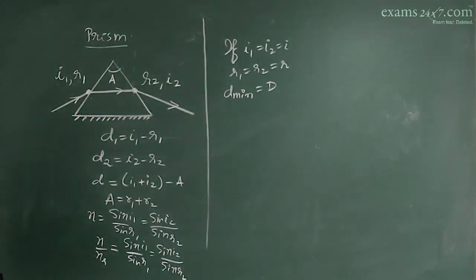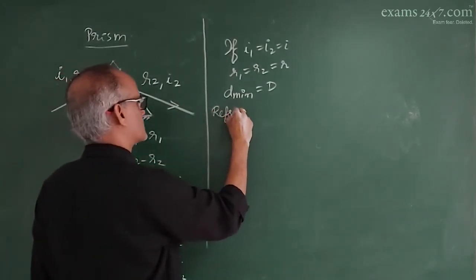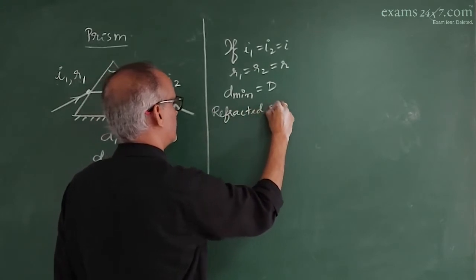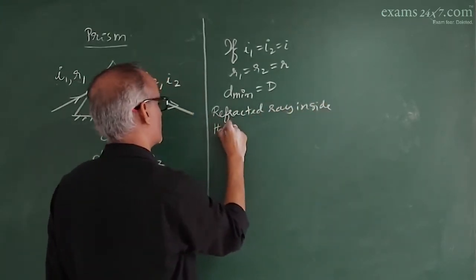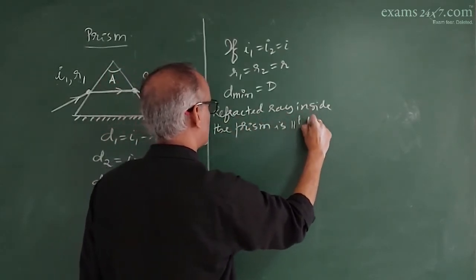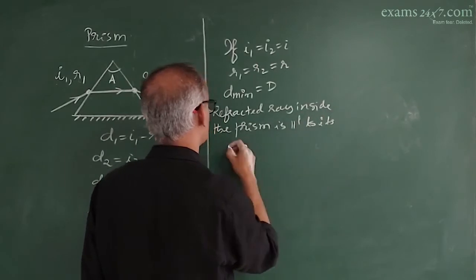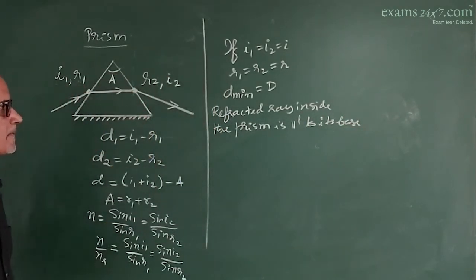And when the angle of deviation is minimum, the refracted ray inside the prism is parallel to its base.